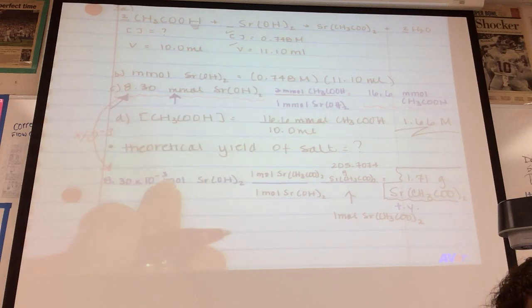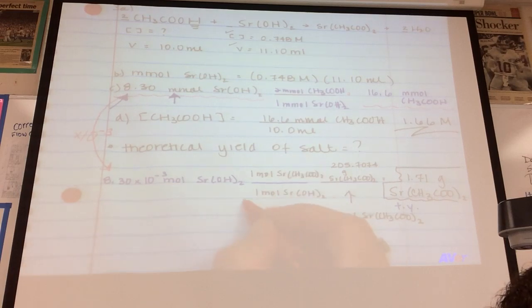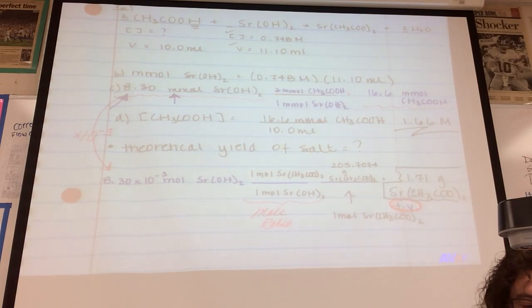Once you have that, you'll have your mole ratio from the balanced chemical equation, and then you have your mole to mass conversion as you learned earlier in the year. This is your theoretical yield. This is how much salt you should be able to generate in a perfect world.